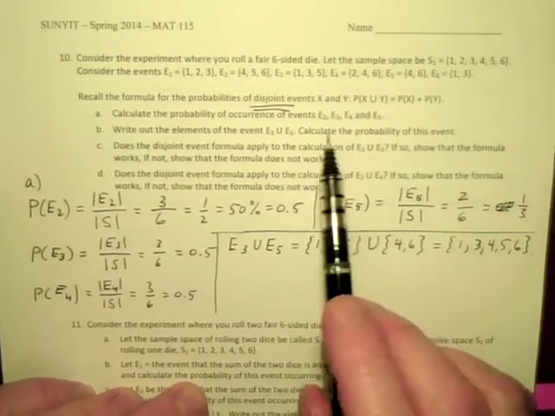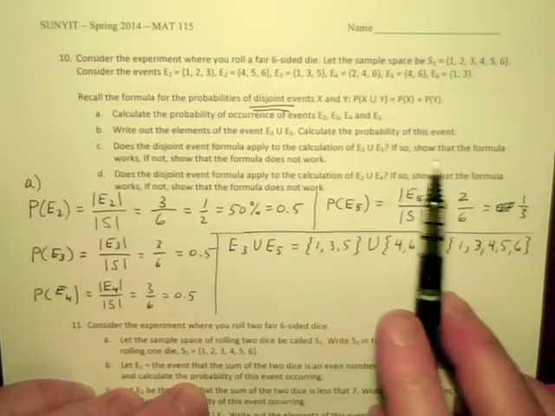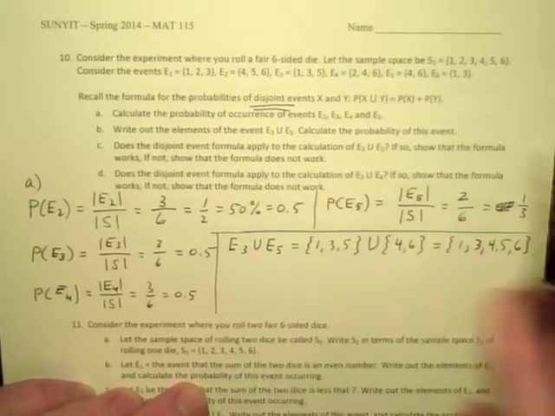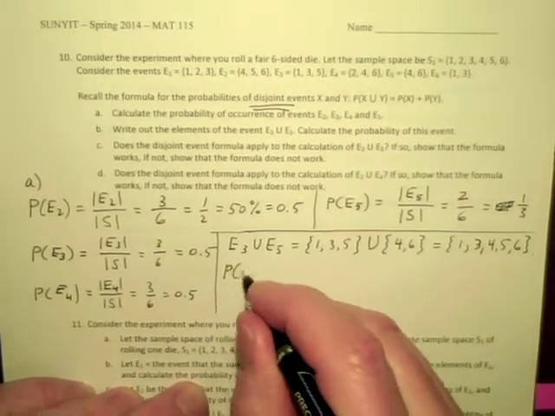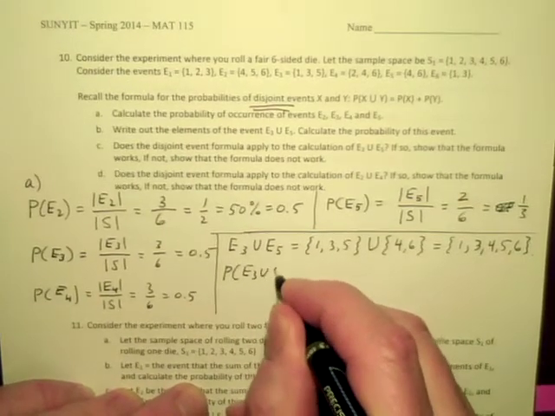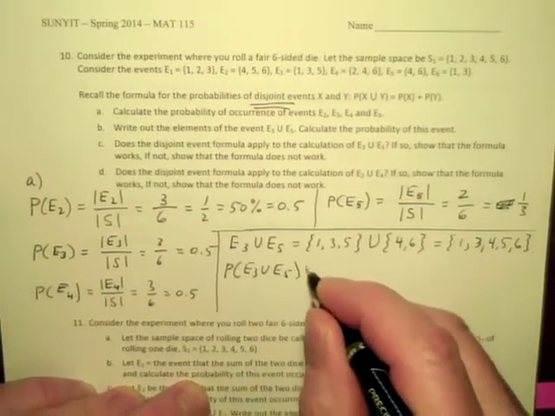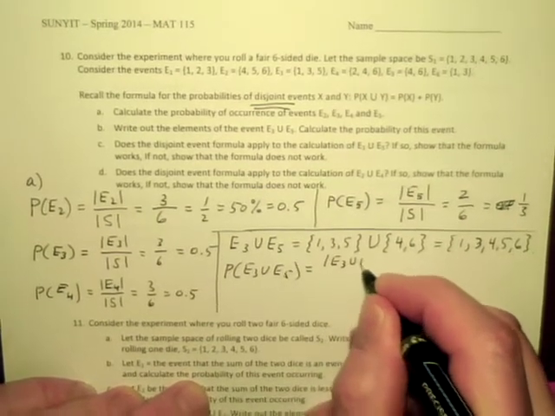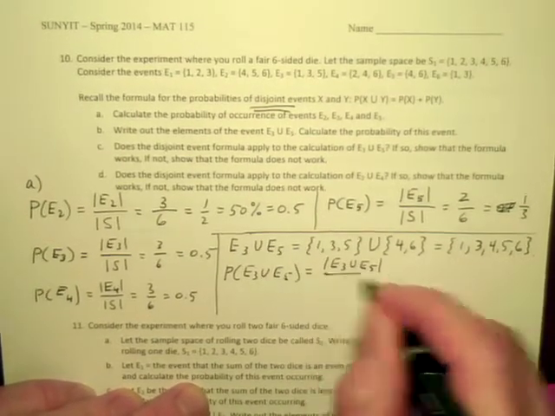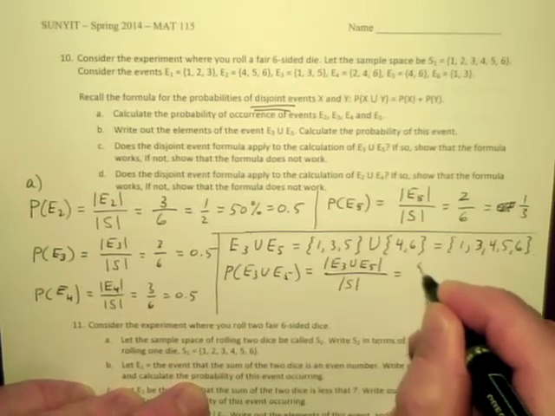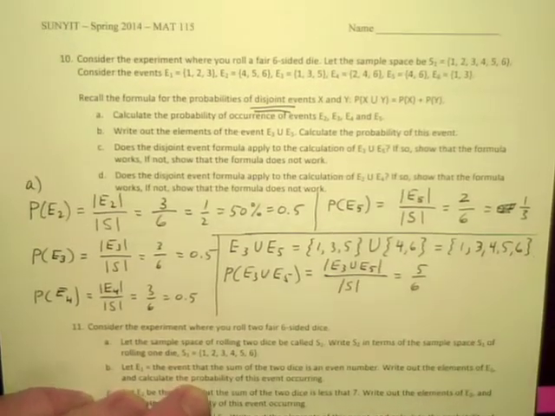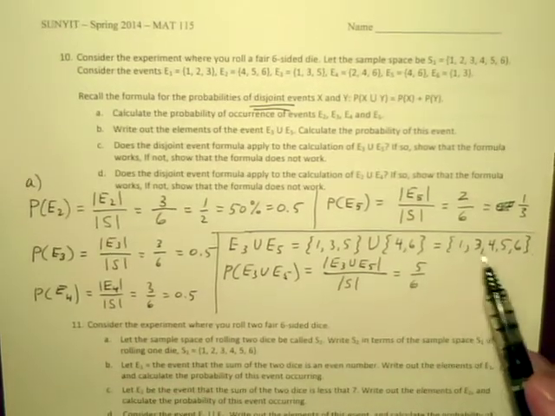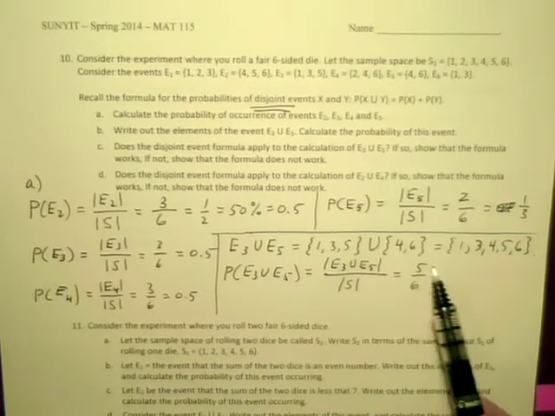And let's see. Calculate the probability of this event. Probability of E3 union E5 is the size of that set divided by the size of the sample space, which is 5 over 6. Okay, we'll leave it as a fraction. I've got 5 elements in there. Notice 2 is missing.